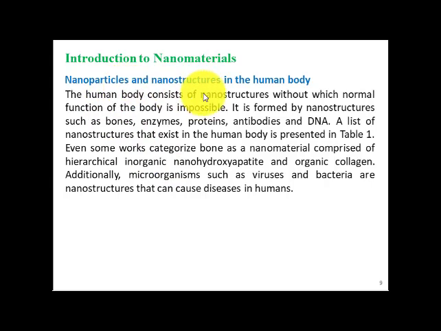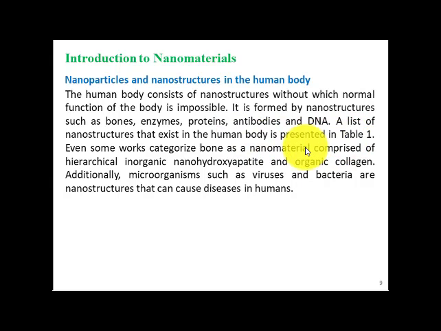Next is the nanoparticles and nanostructures in the human body. The human body consists of nanostructures without which normal function of the body is impossible. It is formed by nanostructures such as bones, enzymes, proteins, antibodies, and DNA. A list of nanostructures that exist in the human body is presented in table.